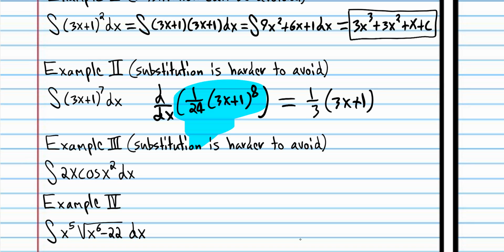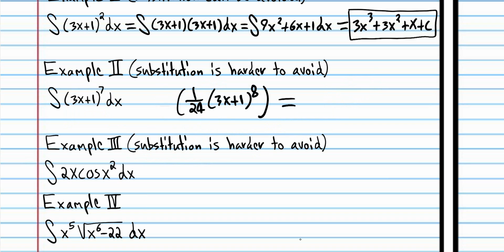And then subtract 1 from the exponent, and then multiply by 3, and look what happens. Now when we multiply 3 and 1/3, we get rid of those constants, and we're left with what we were looking for there. So we did it with trial and error. We kind of figured out what the antiderivative is. The antiderivative is this blue expression.